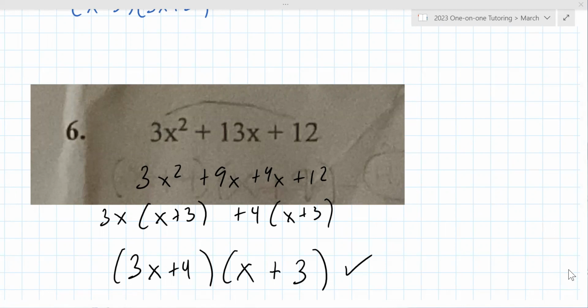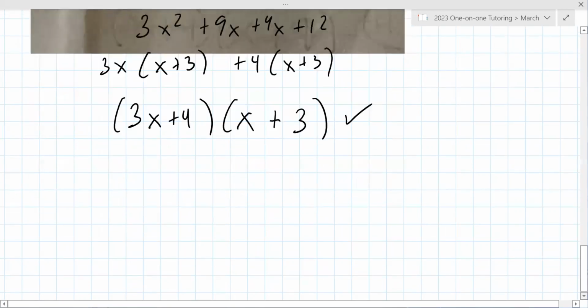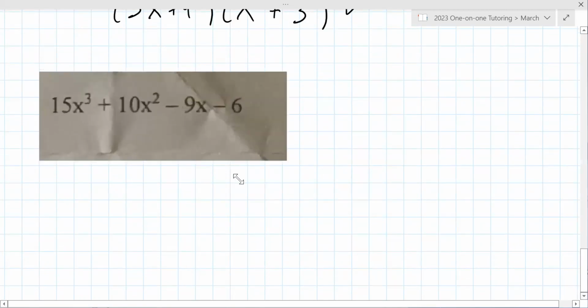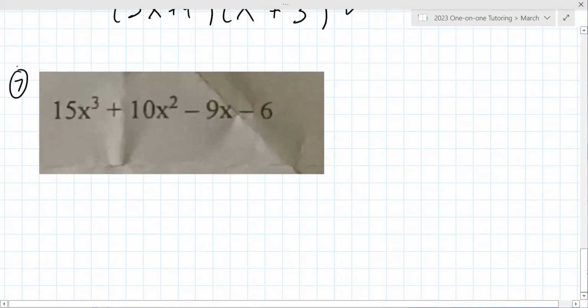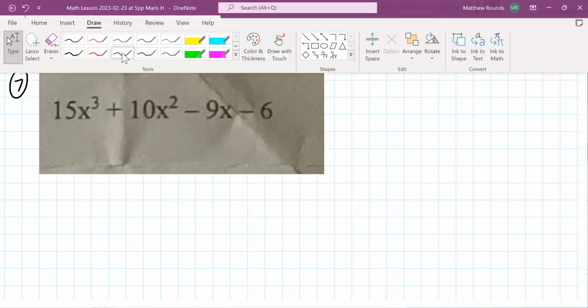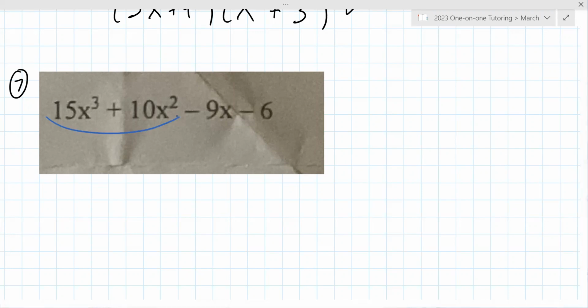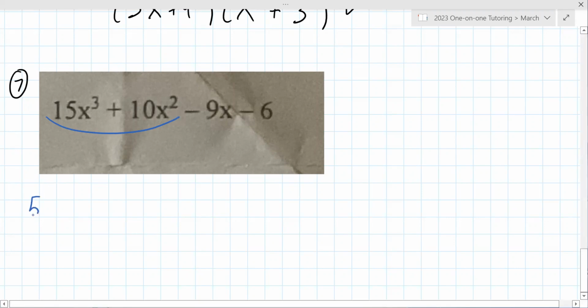All right, let's look at the next one here, number 7. This one's kind of already in that grouping form. So you just find the GCF between the first two. Can you tell me what that is? 5x squared. 5x squared, perfect.